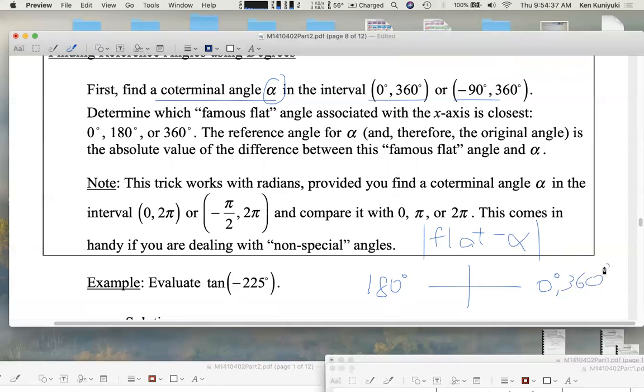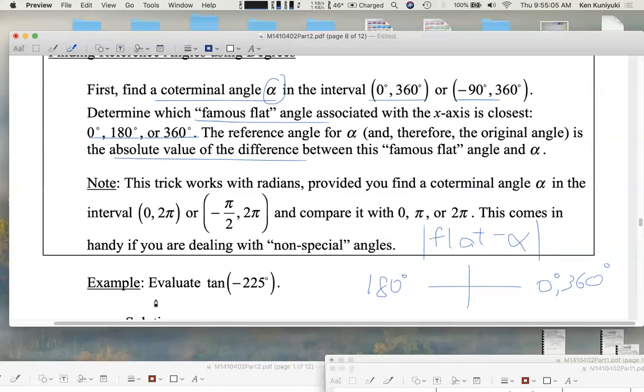Okay, these are the relevant flat angles, in the vicinity of 0 degrees to 360 degrees. Determine which famous flat angle associated with the x-axis is closest to your angle alpha among these. And the reference angle is going to be the absolute value of the difference between the two. So absolute value of flat angle minus alpha. We'll apply this in just a moment.